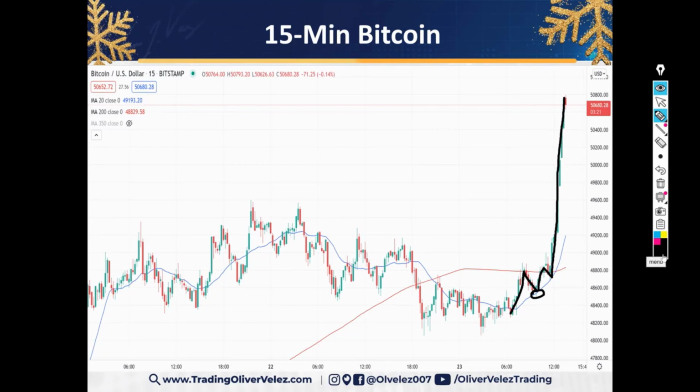And so that's the only moment in time. That's the only scenario when the 20 starts gaining more power than the granddaddy of all moving averages, the 200 period moving average.